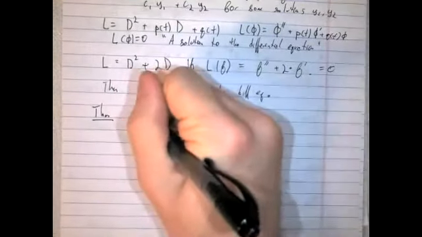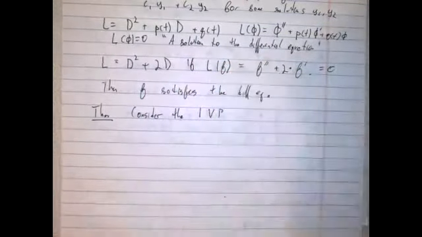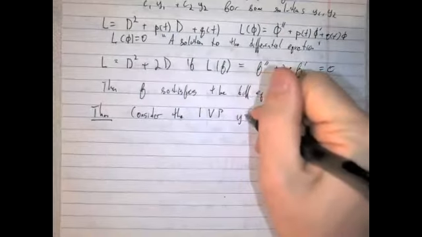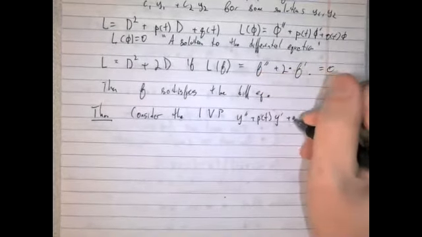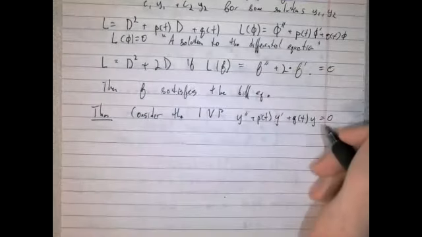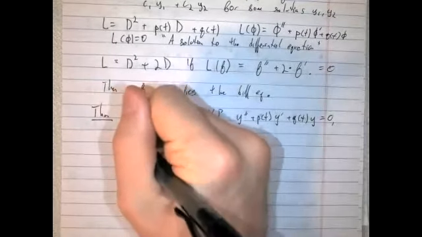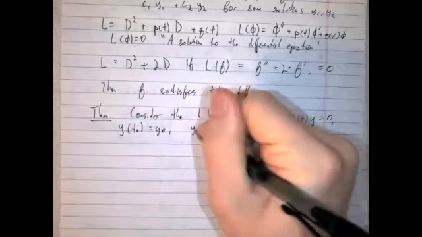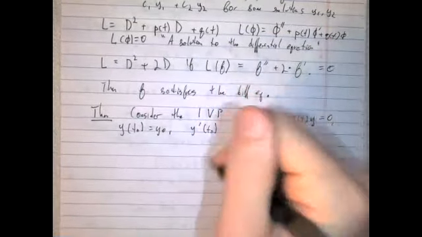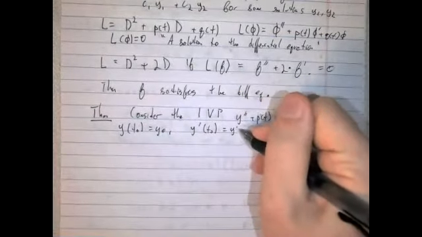So consider the IVP, which is given by y double prime plus p of t y prime plus q of t y is equal to 0, and the initial data, y of t0 is equal to y0, and y prime of t0, the derivative at this time t0, is equal to y0 prime.